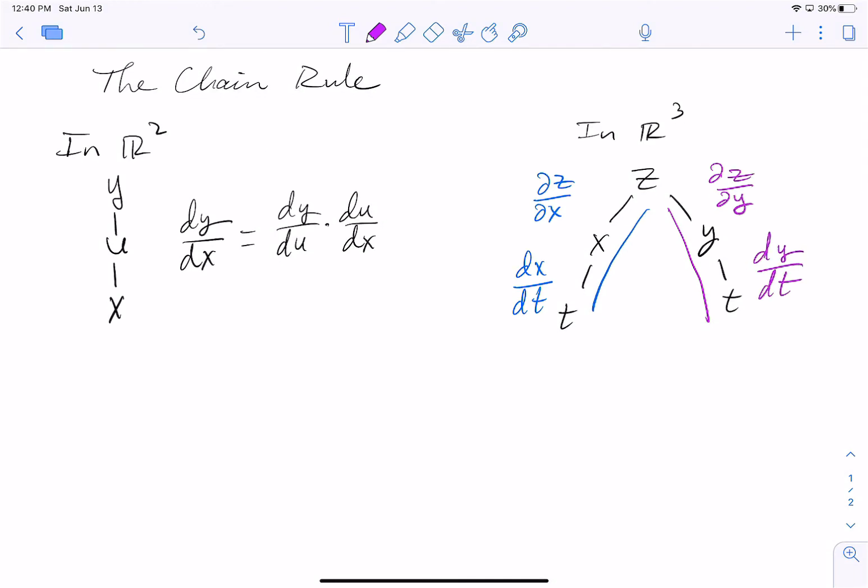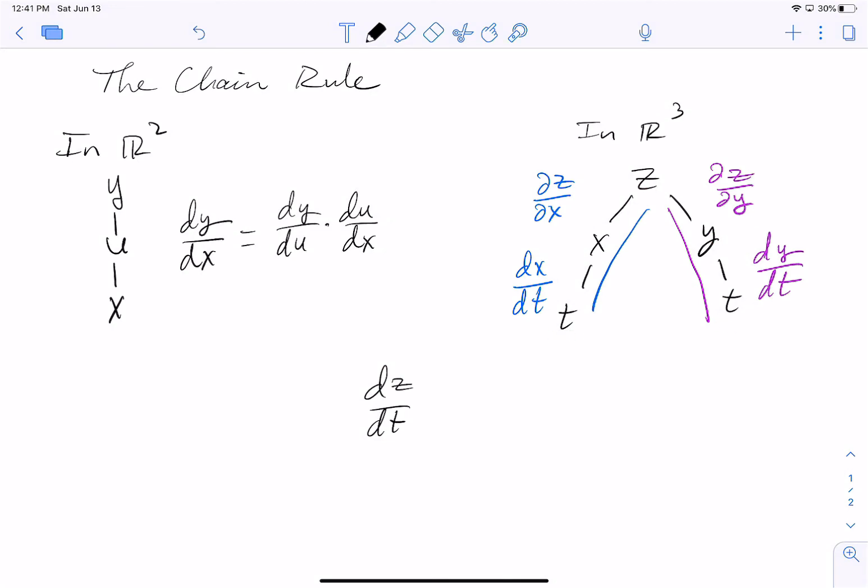Now, as with differentials, the change in z is a combination of the change in x and the change in y. And so dz/dt, now these are Latin d's because z ultimately depends only on one variable t, right? I mean, t informs x and y, and x and y inform z, but there's only one input variable, and that's t.